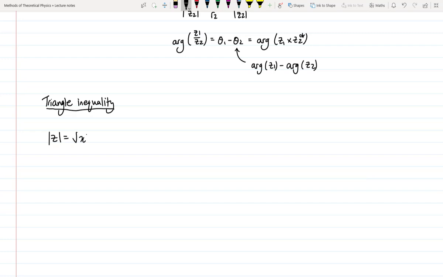This is given by the square root of the real part squared plus the imaginary part squared. Now x squared and y squared are both real positive numbers, and so we know that this quantity is greater than or equal to the square root of x squared, with equality if y equals 0 and z is a purely real number.